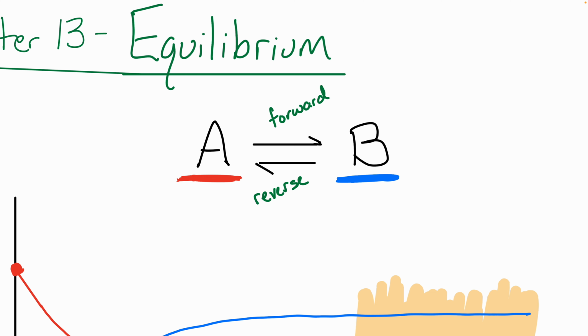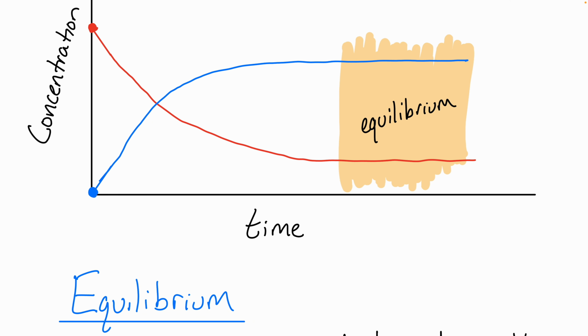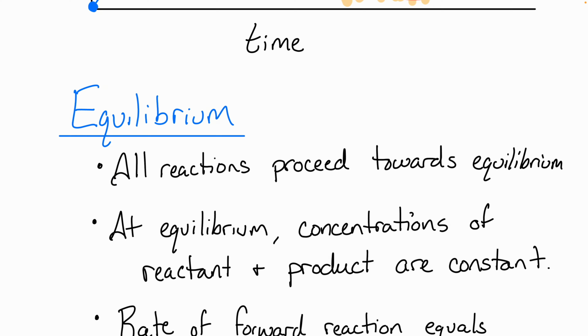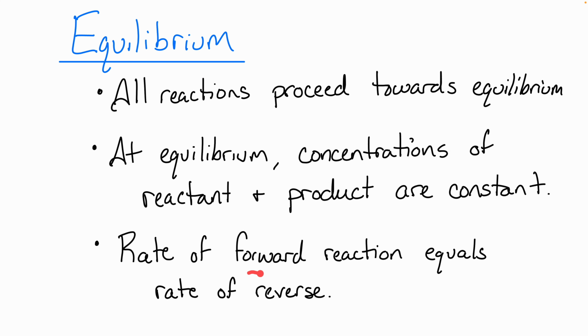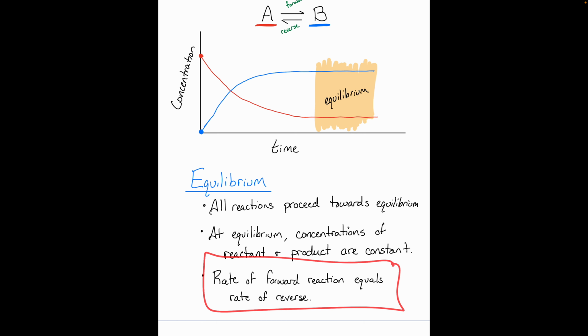Both of these reactions are occurring at the same time, going back and forth, and this will happen until they reach this region of equilibrium, where the rate of the forward reaction is equal to the rate of the reverse reaction. This was where we stopped because we needed that little bit for our kinetics chapters talking about rates. We're going to pick up from here.